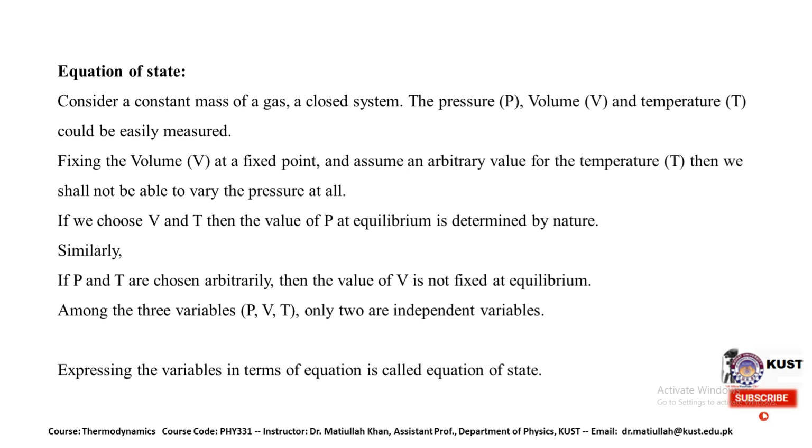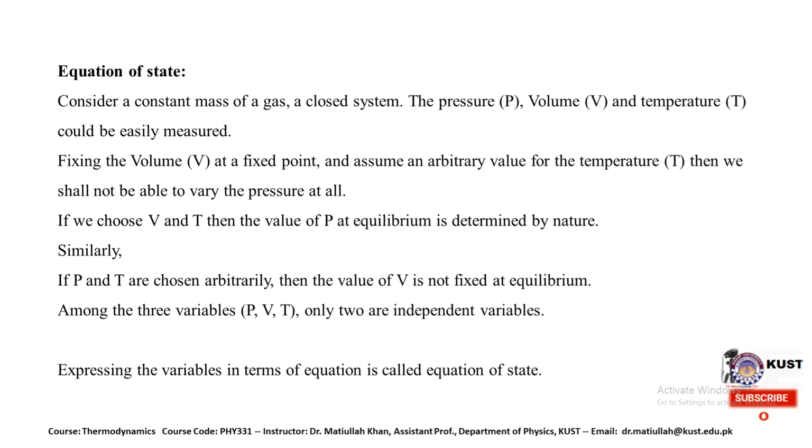If we summarize the discussion about the equation of state, the general concept is that if we fix the value of two of the macroscopic parameters of a thermodynamic system at thermodynamic equilibrium, then the third value is determined by nature.